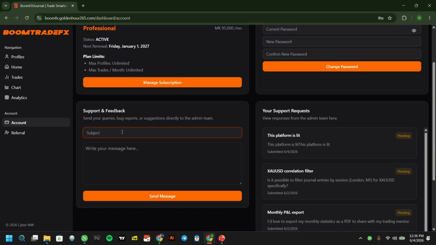This is the section to add all that information. The technical team will be able to see that, respond to you, and you'll get feedback. For example, if you are facing a particular bottleneck, or you need one specific feature of your choice in the system, just type it in and submit, and the technical team for BoomFX will get back to you.